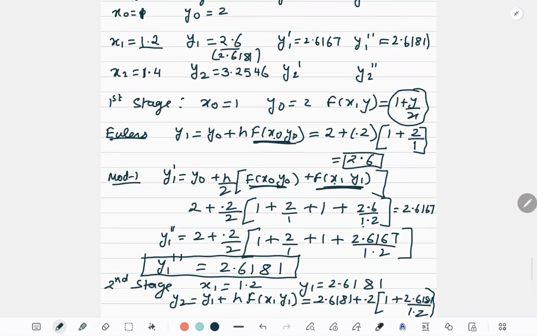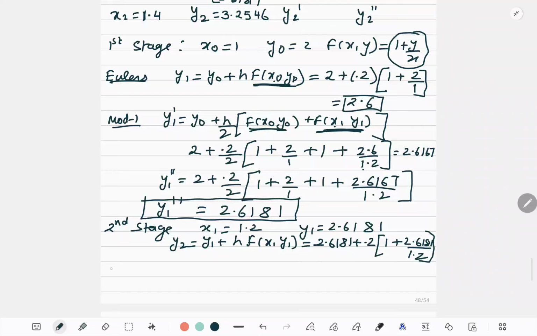I need to modify this value. Okay, so how will I modify? I will do the first modification. So first modification will be y2 dash is equal to y1 plus h by 2 times f of x1 y1 plus f of x2 y2. Right? So now substitute the values.